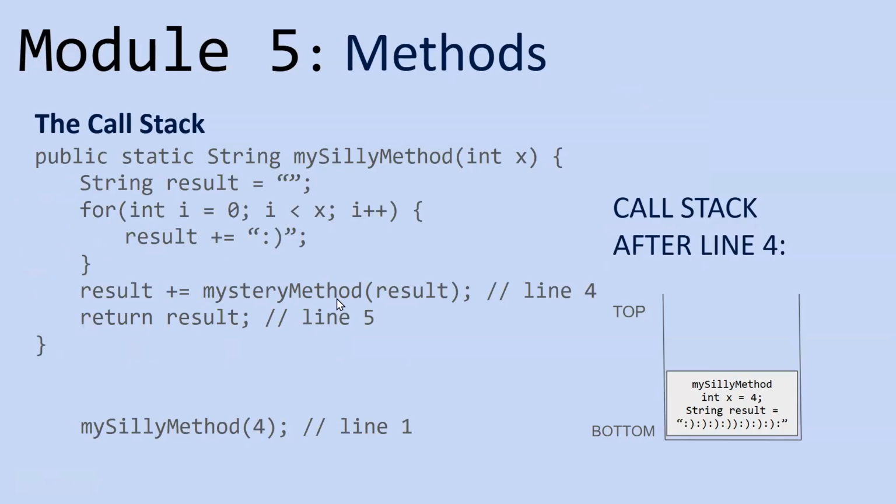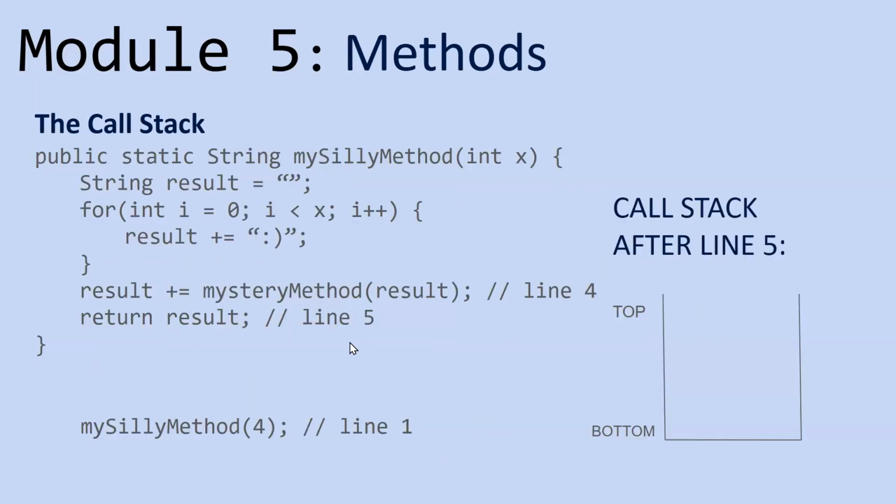And that's just what the call stack looks like. After line 5, we return the result string, four forward smiley faces and four backward smiley faces, and then we finished. We returned a value. So now we take my silly method off the call stack, and our call stack is basically empty.